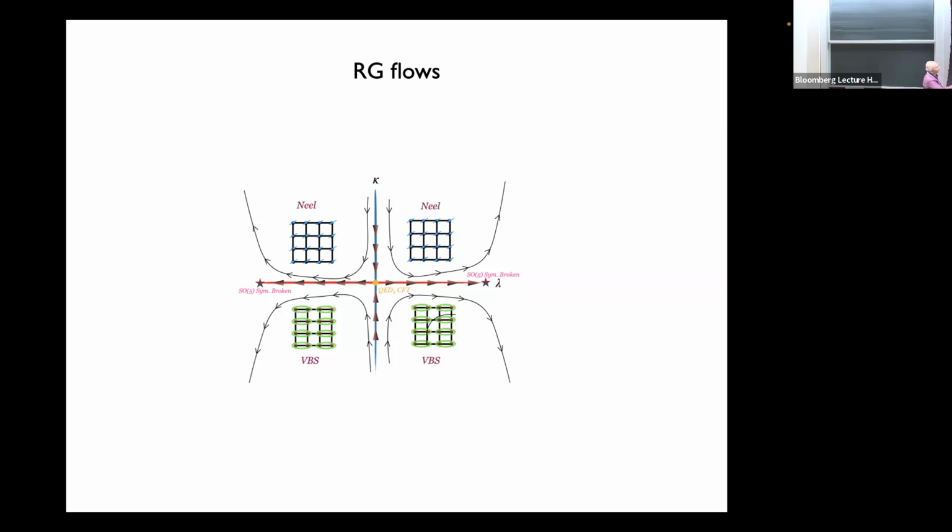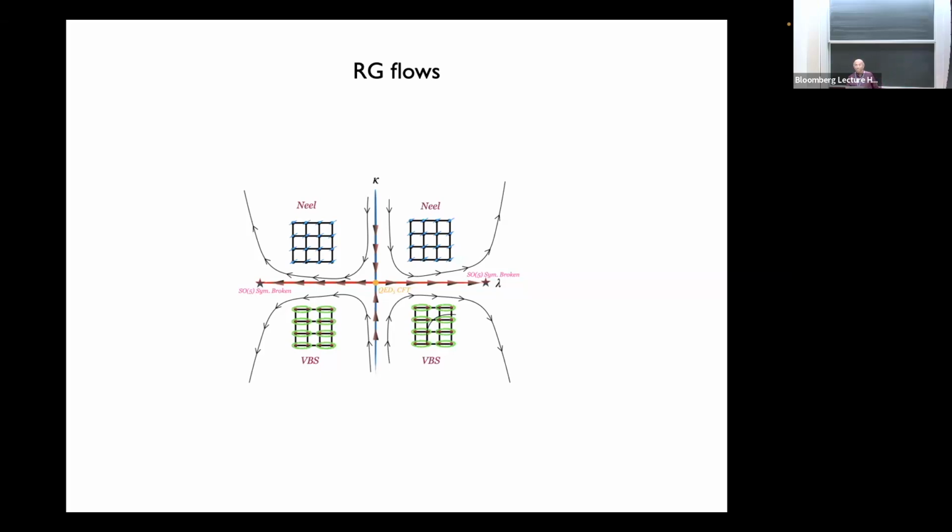So if I'm living in this portion of the phase diagram of the low energy model, I have a phase transition between the Neel state and the Neel state itself. As I cut across this axis, the low energy physics will be controlled by the CFT, and it's a critical point that lives inside the Neel state.